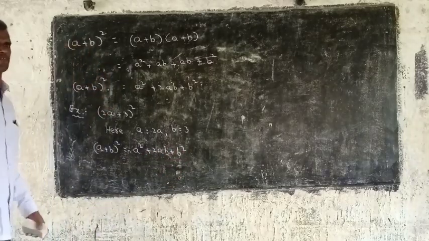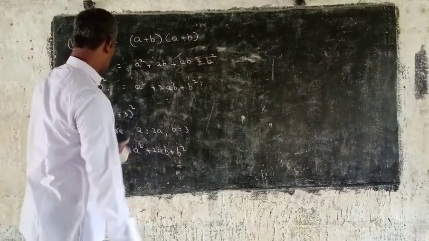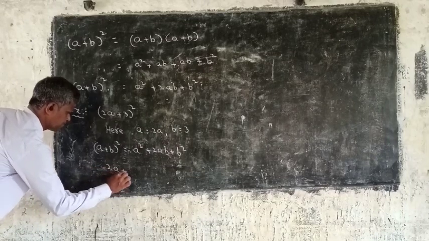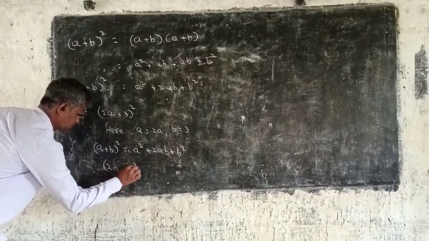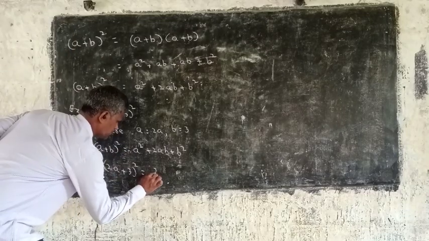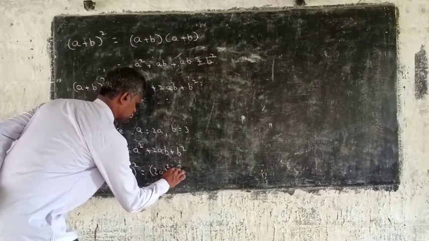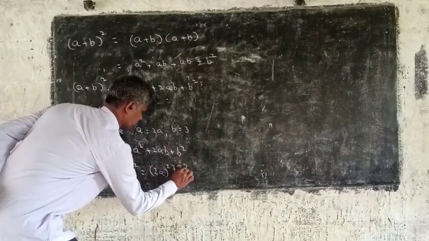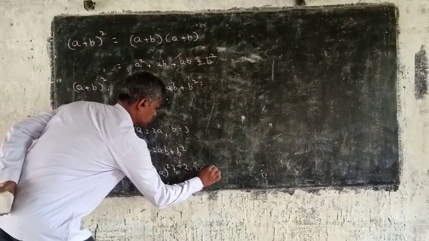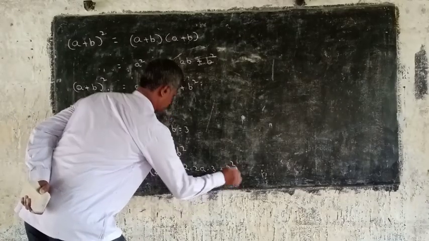Using direct formula a square plus 2ab plus b square. ఇక్కడ a means 2a, b means 3, whole square equal to (2a) whole square plus 2 into 2a into 3 plus 3 square.